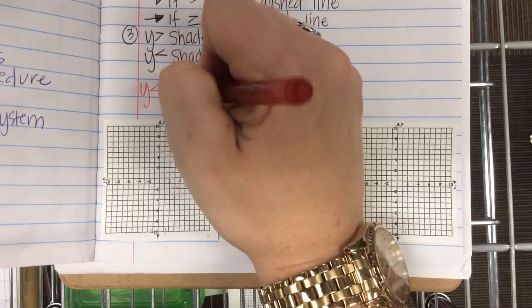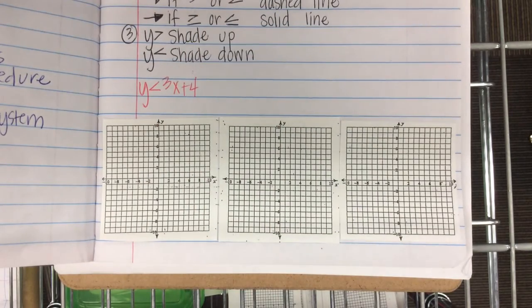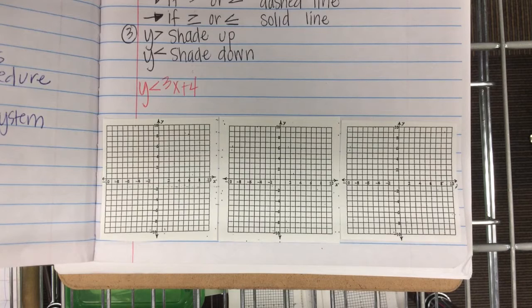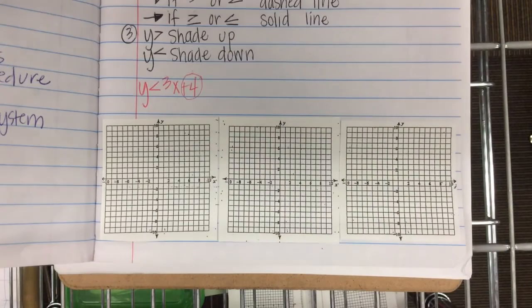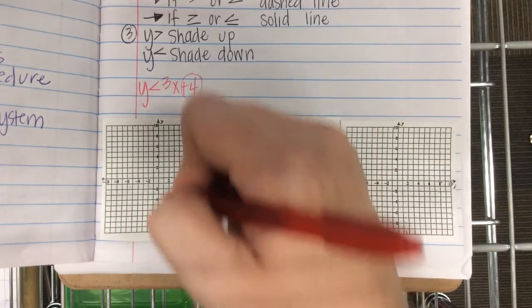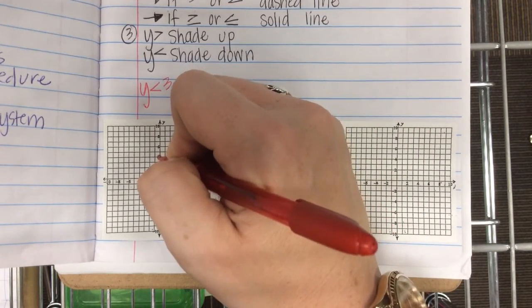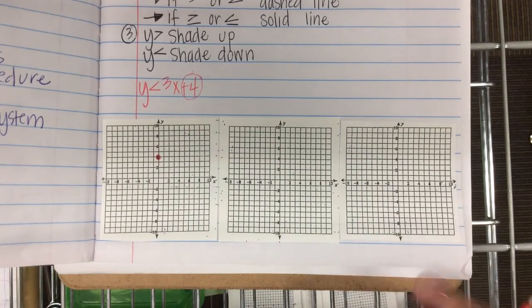Y is less than 3x plus 4. So we're going to graph it. To begin, we start at plus 4. So I go up on the y-axis to 4 and put my y-intercept.